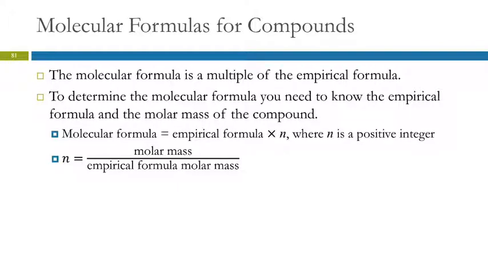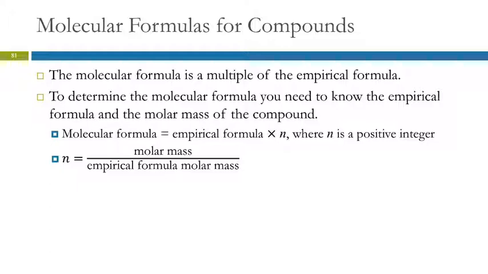The molecular formula is some multiple of the empirical formula. Sometimes they're the same, but oftentimes the molecular formula is just a multiple of the empirical formula. So if we know the actual molar mass of the compound, we can calculate the molecular formula from the empirical formula.